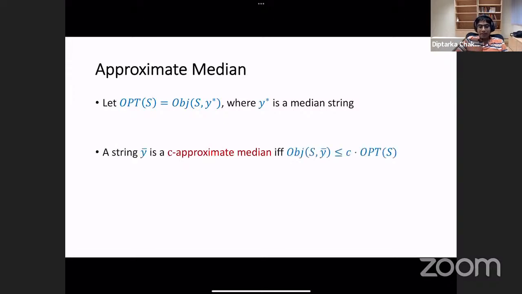Then I will say a string y bar is a C-approximate median if the objective value with respect to y bar, which, if you recall, is the sum of edit distances from x to y bar, where x ranges over all the strings in the input set, is at most C times opt.